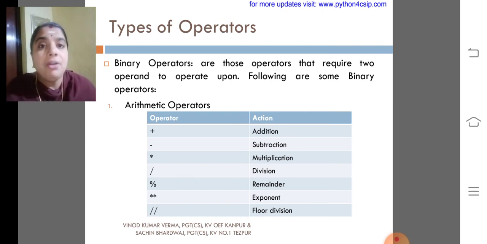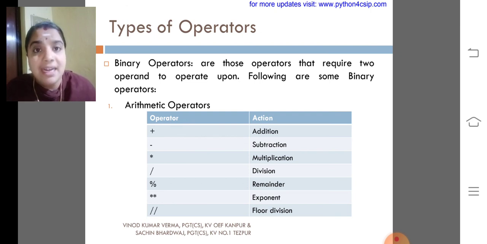Like that, floor division. Floor division is used if you want to ignore the fractional part. For example, if you divide 5 by 3, what will be the result? 1.6.